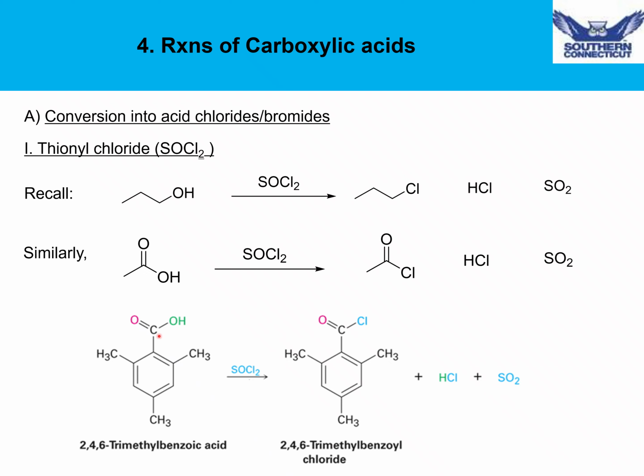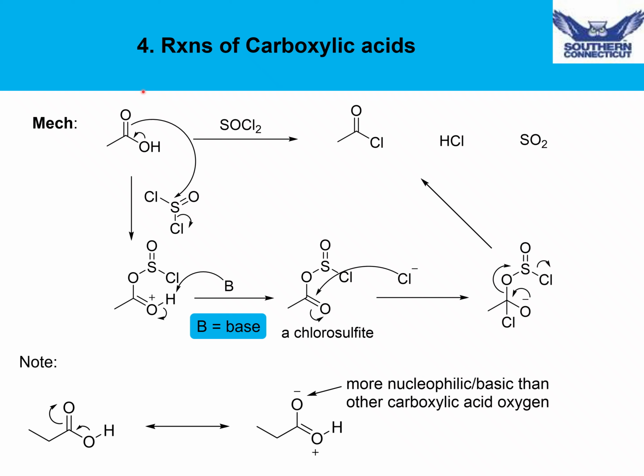Here's a second example with this benzoic acid derivative. If we add thionyl chloride, we can convert it into an acid chloride. Here's another example with acetic acid. If we add thionyl chloride, it will be converted into this acid chloride product here.